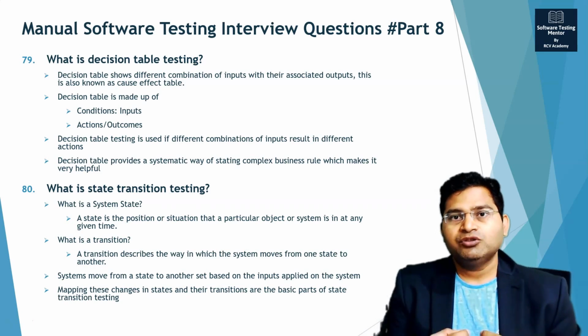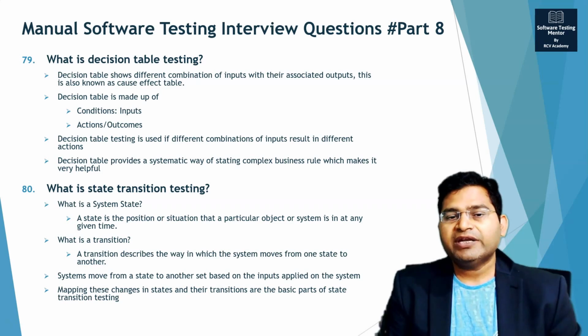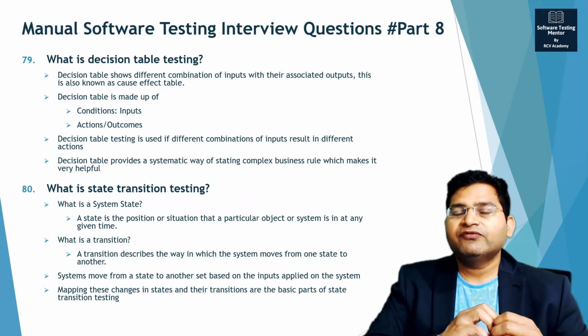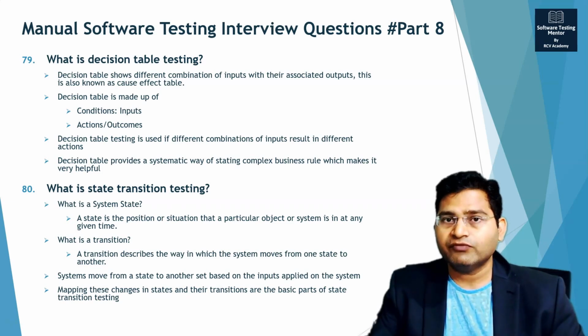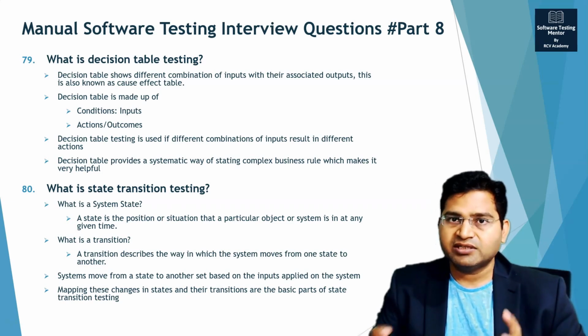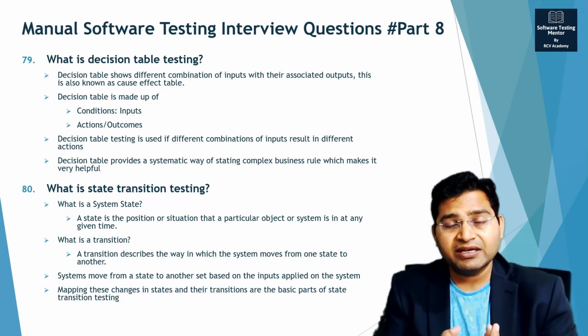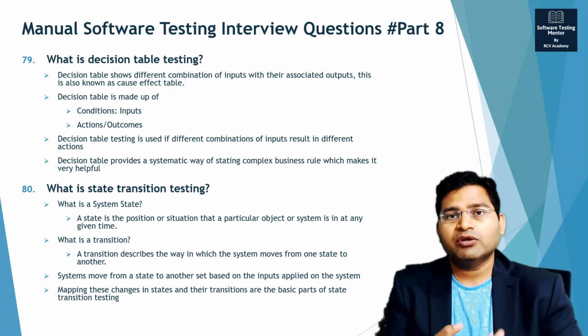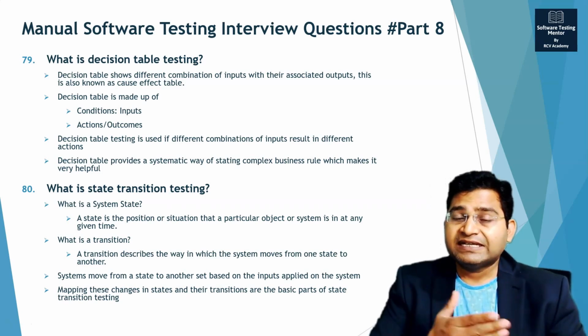So whenever you are testing the application or the software wherein you are testing the different states and the flow of states in the application, in the software, that is state transition testing. An ATM example, or an internet banking website example, is one of the simplest and best examples for state transition testing.